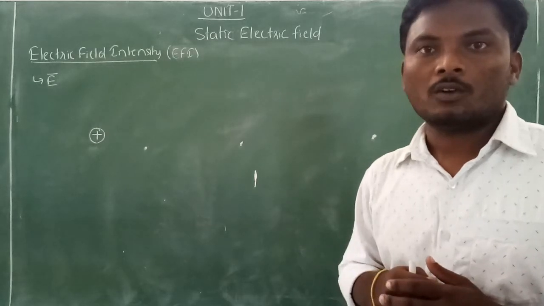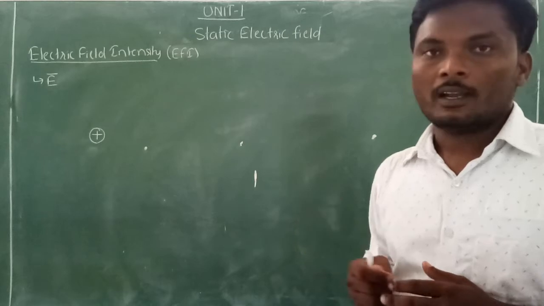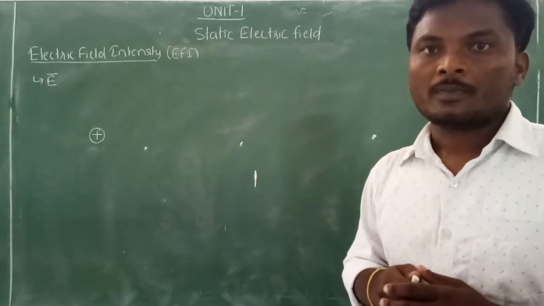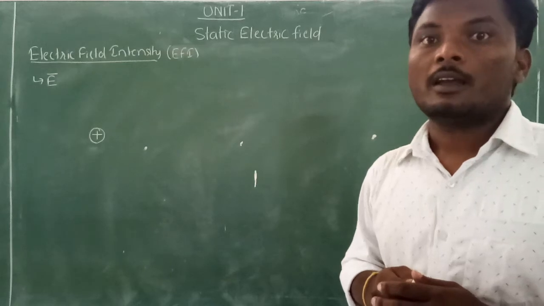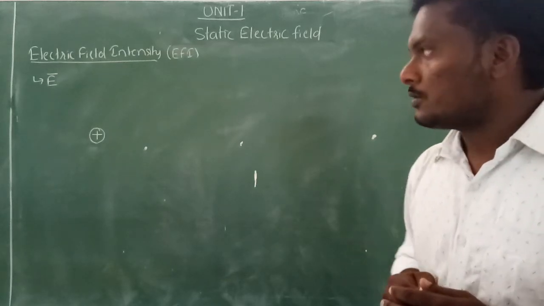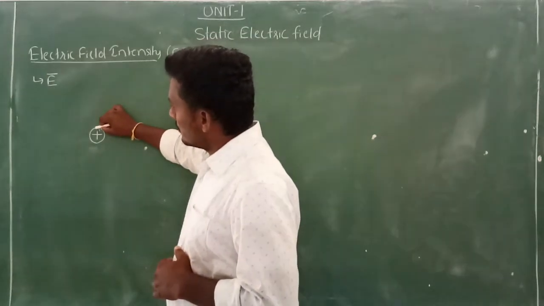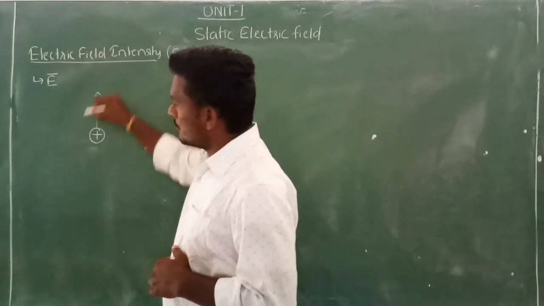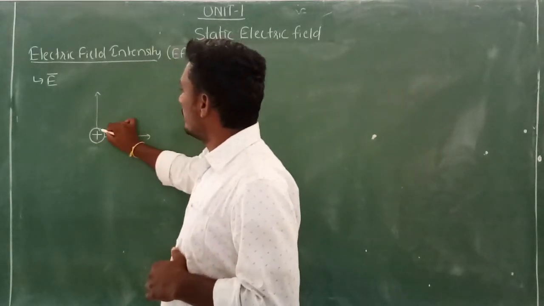These lines are generally called field lines. If those field lines are produced by electrical charges, then such a field is called an electric field. So whenever there is a positive charge, it produces its own lines around it like this.